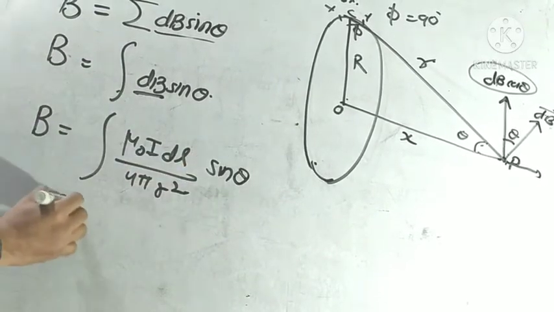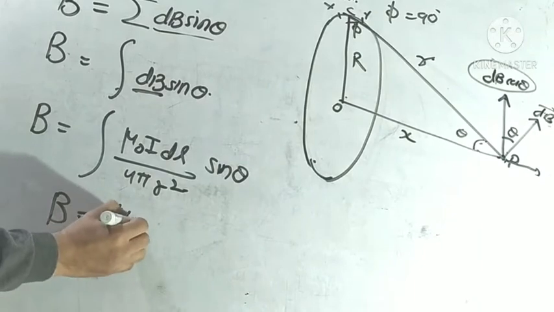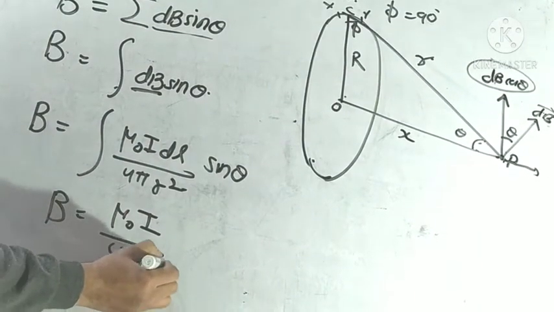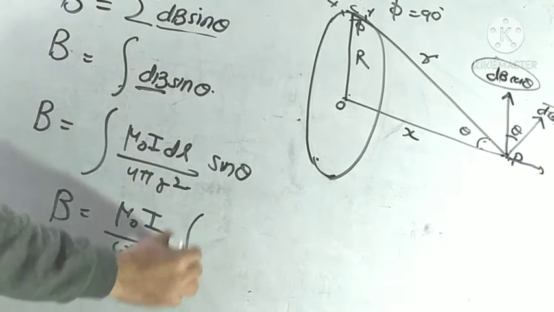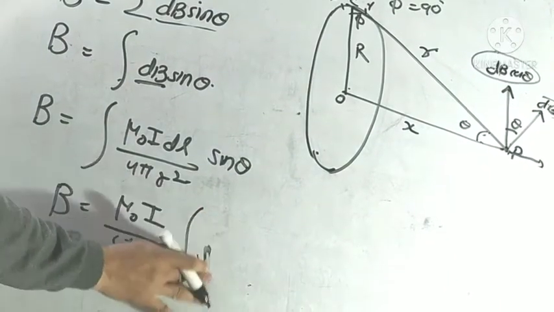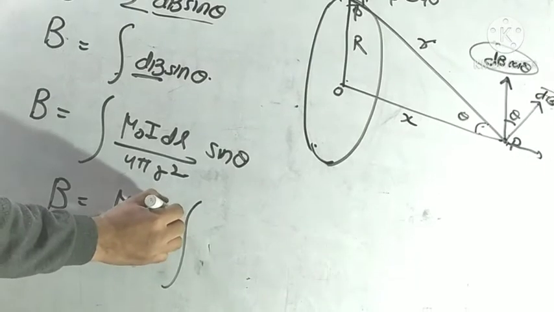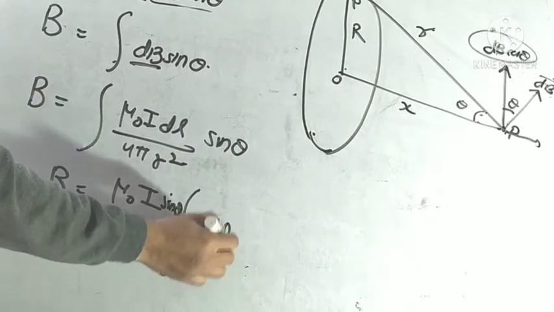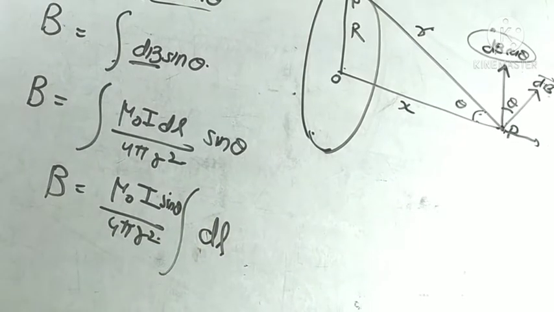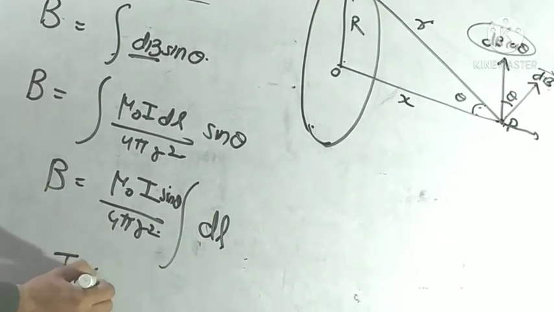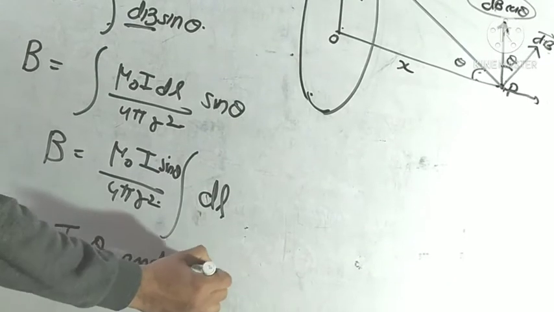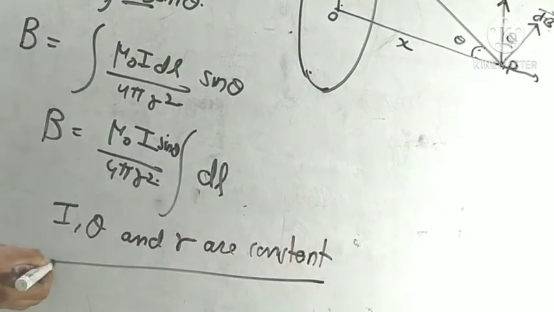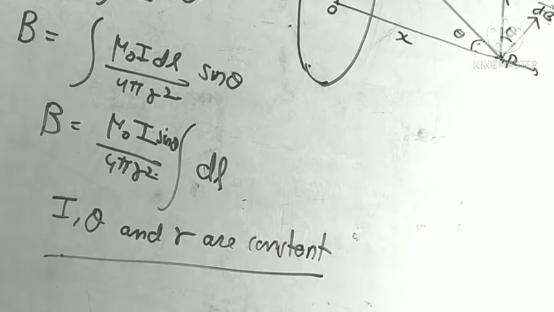Here mu naught, I, 4 pi and r square are constants, so they come out of the integration, and sin theta is also constant, leaving only dl inside the integration. So I, theta and r are constant. Now we integrate dl.